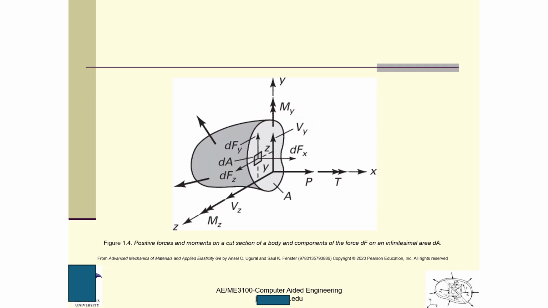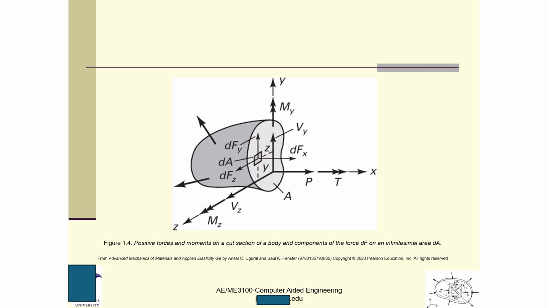Okay, look at it here. So this is x, y, z. And in addition to these forces dx, dy, dz, we also have three moments. This is x, and T: if this moment's direction is parallel to x, we call this T, the twisting moment, which is also a moment.